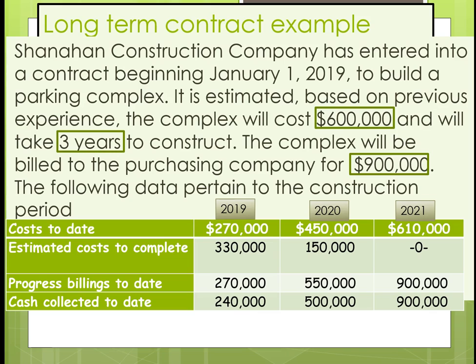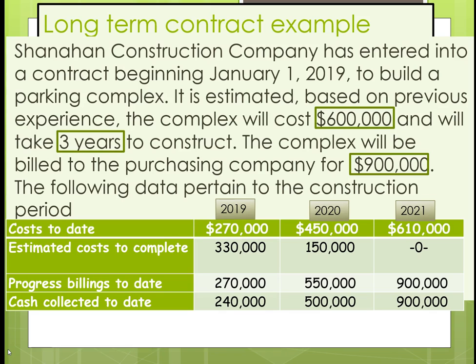So, here is the actual cost, estimated cost to complete, progress billings to date, and cash collected to date for each of the 3 years. So, since it says cost to date, that would be the cumulative amount.